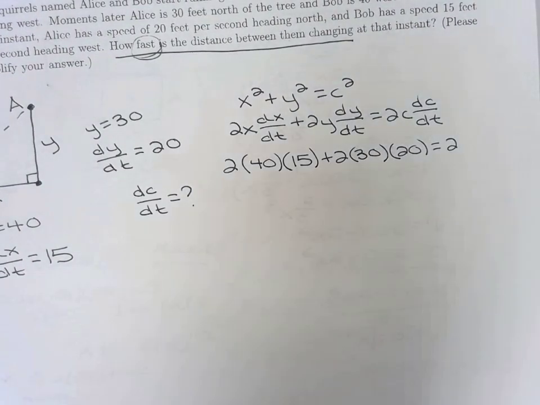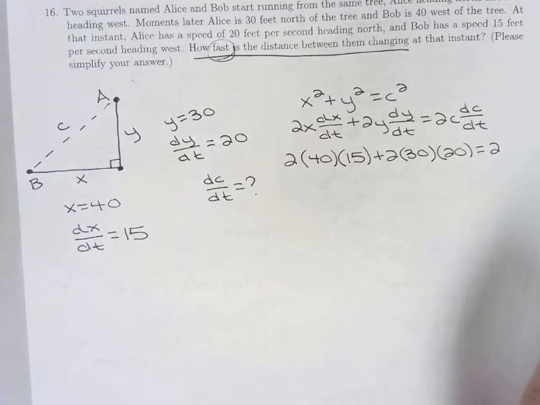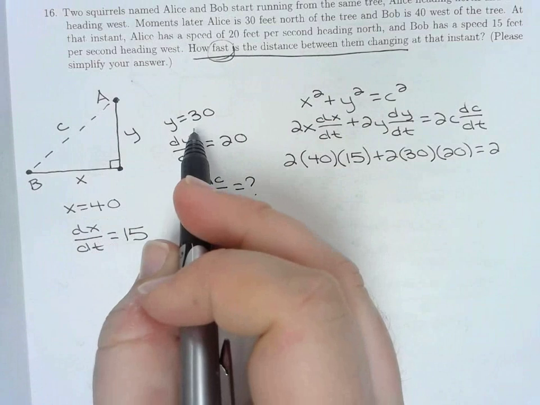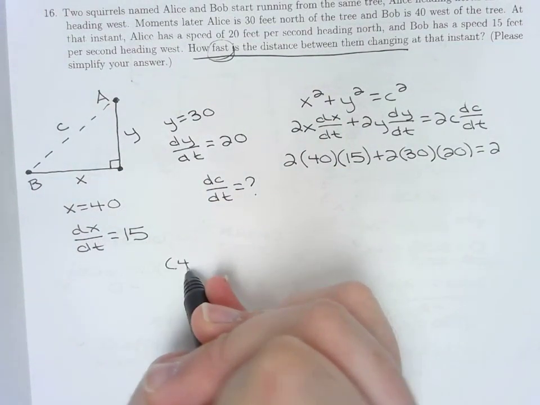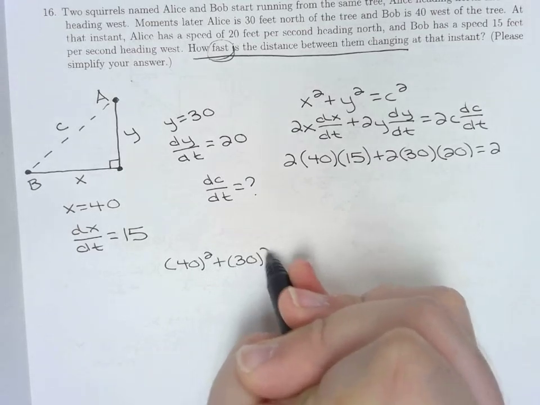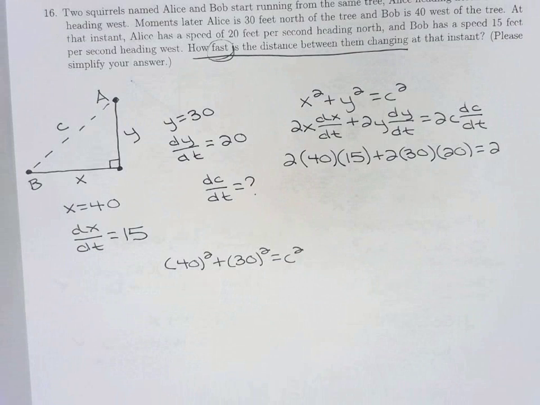So I want to know what c is at the instant when x is 40 and y is 30. We can use the Pythagorean theorem to find the distance c at that instant.